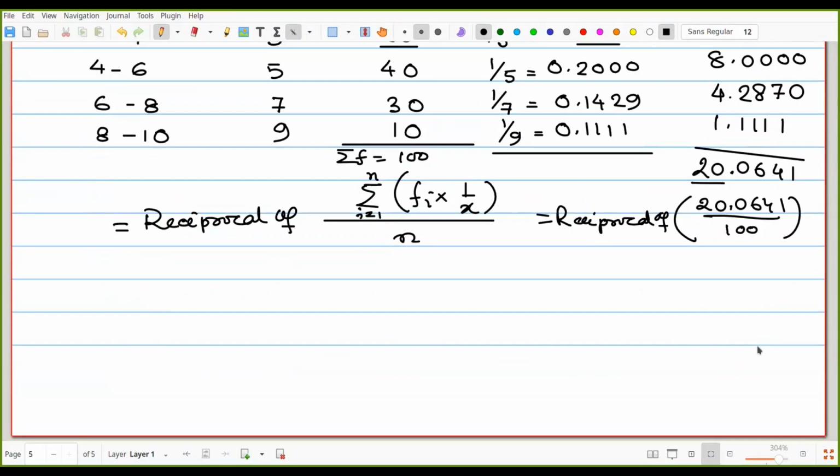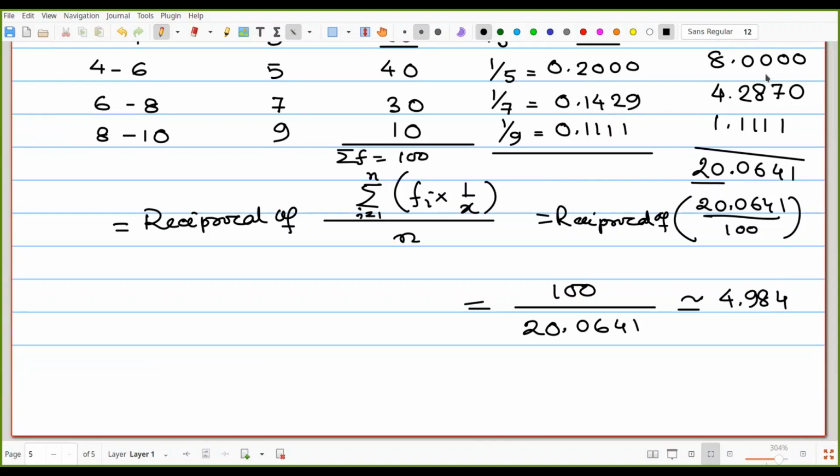So the result is the reciprocal, 100 as numerator and 20.0641 as denominator, which is nearly equal to 4.984. So that is the harmonic mean.